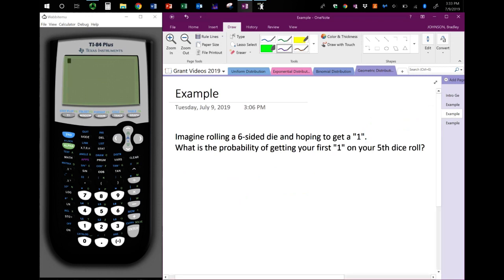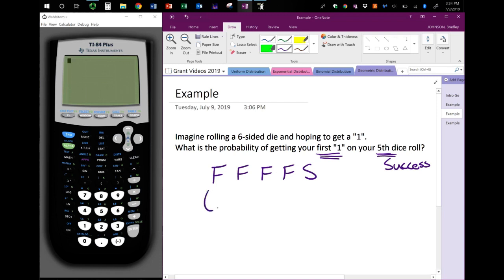Okay, so we're hoping to get a 1. Now, what is the probability of getting your first 1? So we're thinking of failing, and then we get our first 1 on the 5th roll. Okay, so the 5th roll is your success. So imagine you failed, and then your success is on your 5th roll, right?